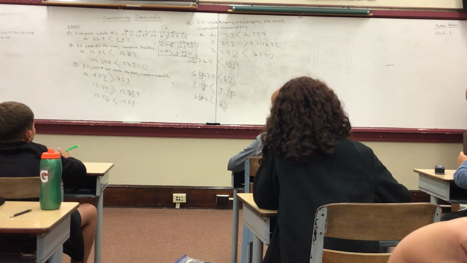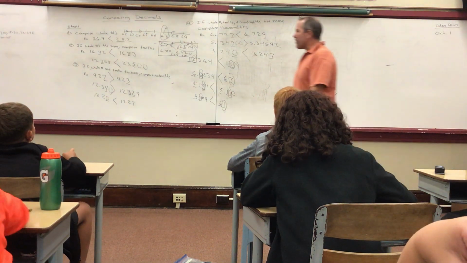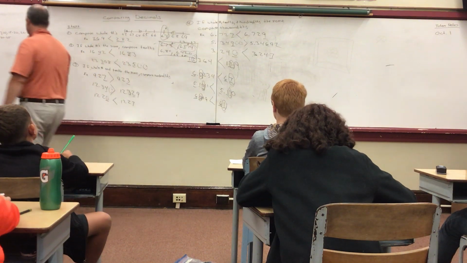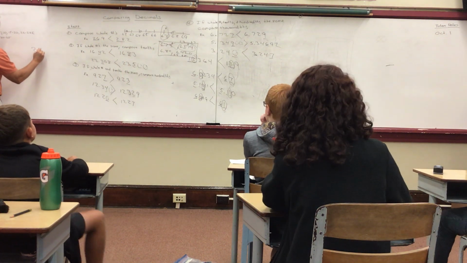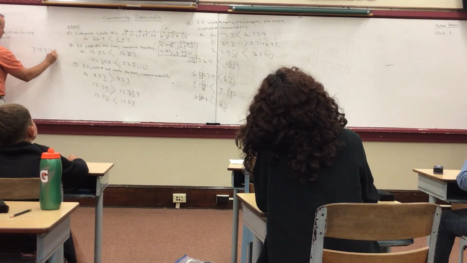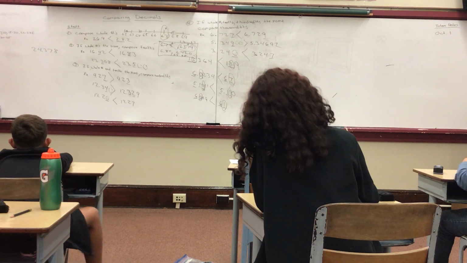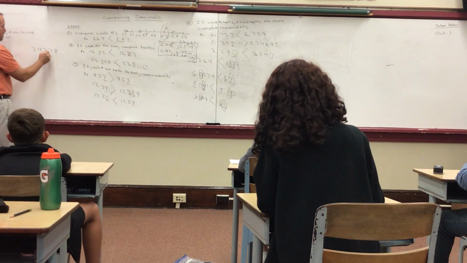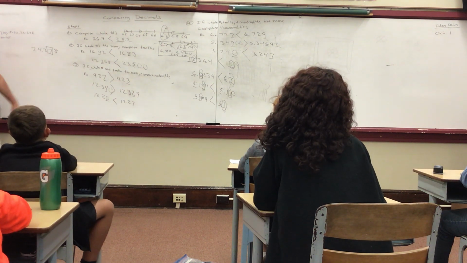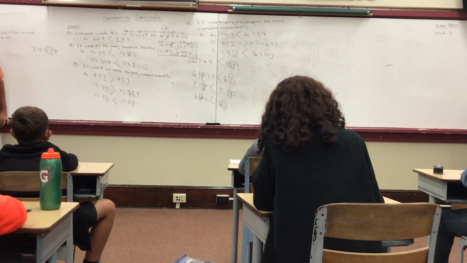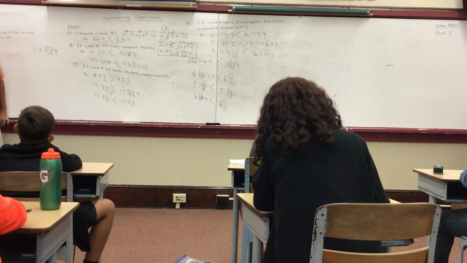The last type of problem they're going to give you is this. Okay? And they're going to ask you, how would you write that digit in expanded form? Well, what place value is the 7 in?